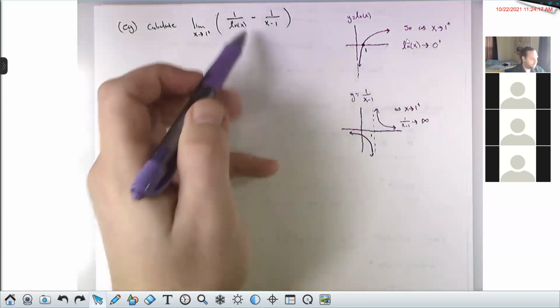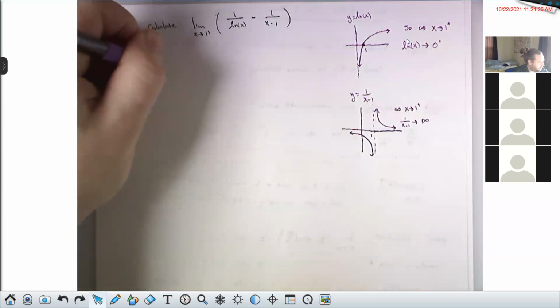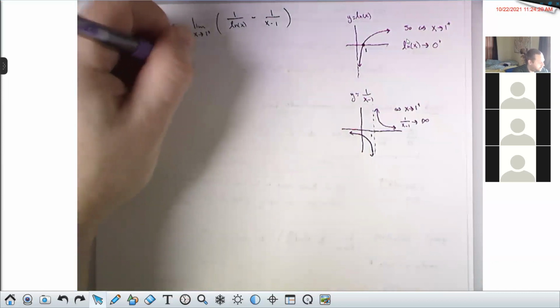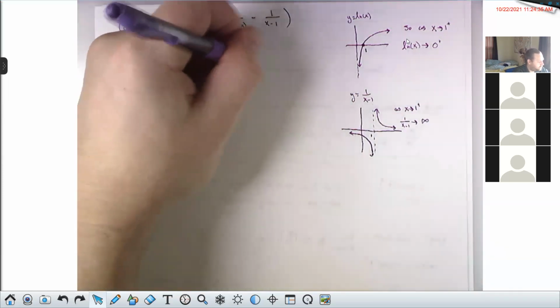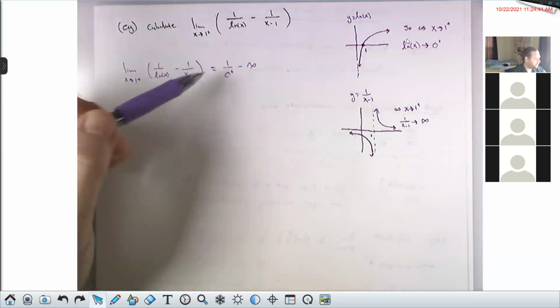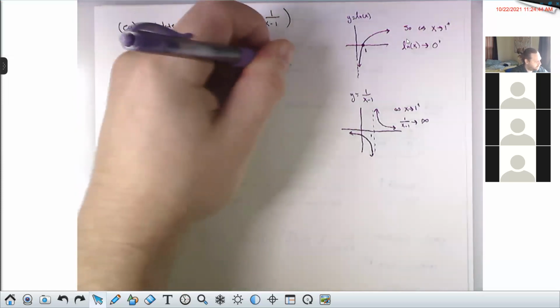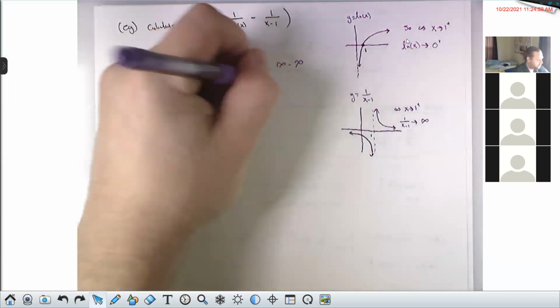And this denominator is going to 0 in a positive fashion. So just plugging things in, the limit as x goes to 1 plus of 1 over ln x minus 1 over x minus 1, we see this is like 1 over 0 plus minus infinity. And 1 over 0 plus, 1 over a small positive number, is a large positive number. So this is indeed infinity minus infinity, which is an indeterminate difference. So we do have an indeterminate difference here.